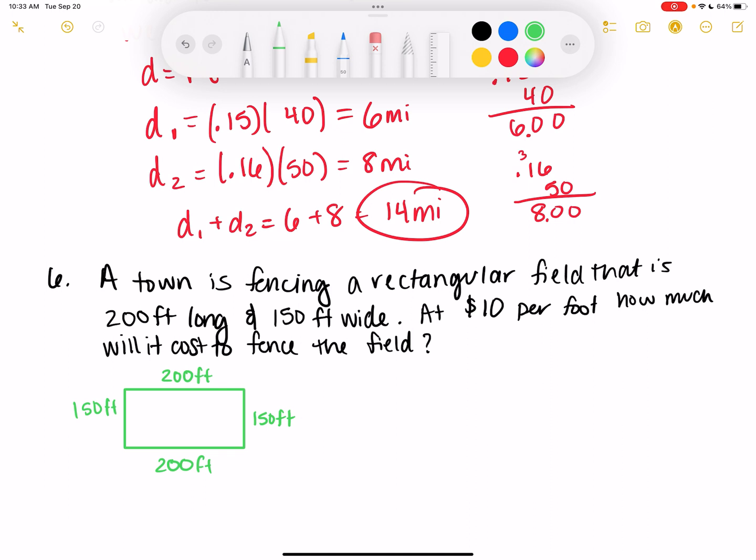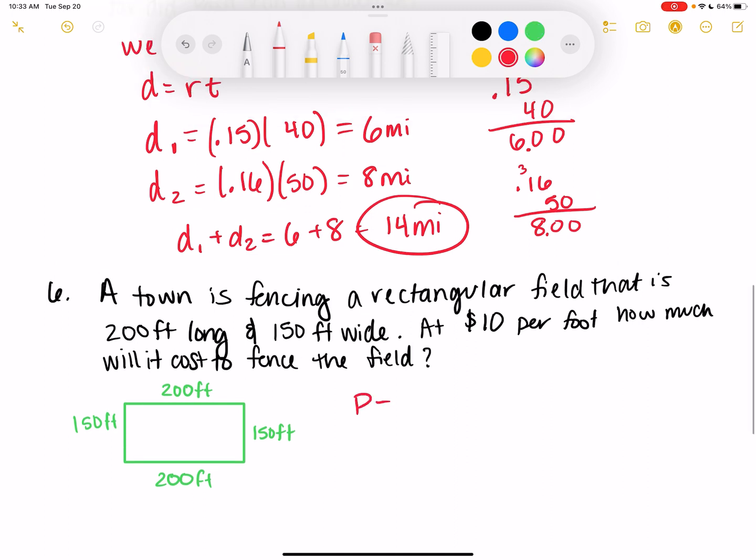So number 7 uses this information as well. And so number 7, you would need area. So you would need the length times width. So for the perimeter, we just add up all the sides. So P equals 200 plus 200 plus 150 plus 150. So our total perimeter then is what?